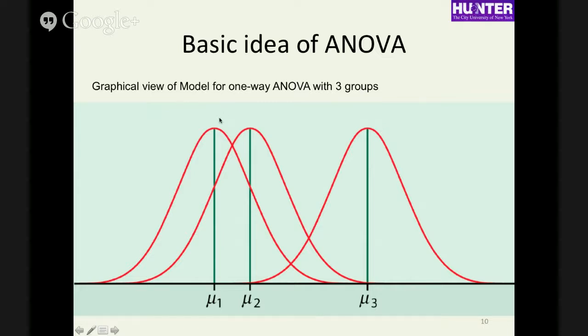So you would take the average of all 3 of them, which would be somewhere about here, and for each one it would be the sum of the squares of the differences of that mean to the grand mean. So the mean of all of these 3 means. Good and confused now? No? Good.